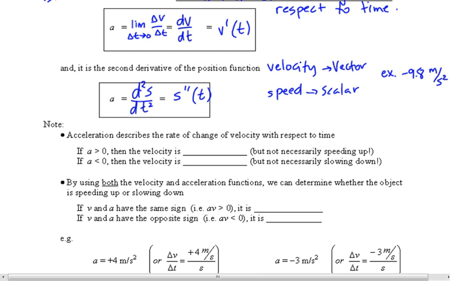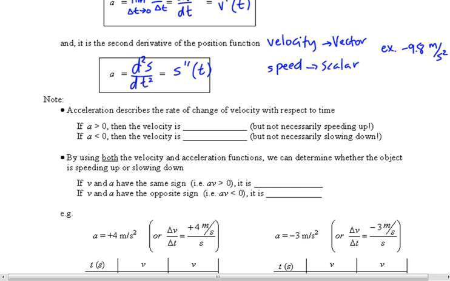The question that we want to know is when is it speeding up or slowing down? We talked about this in Physics 10. Speeding up doesn't necessarily mean you have positive acceleration, and slowing down doesn't necessarily mean you have negative acceleration, because of its vector quality.